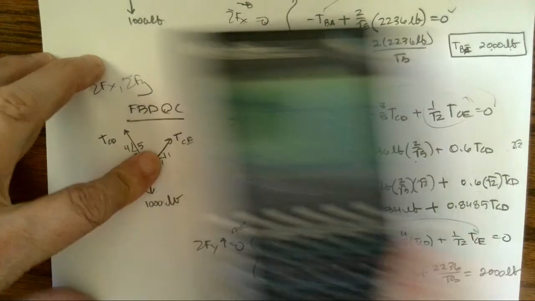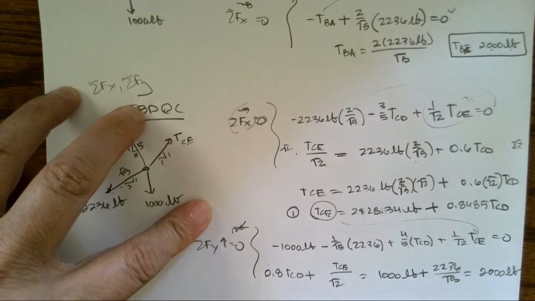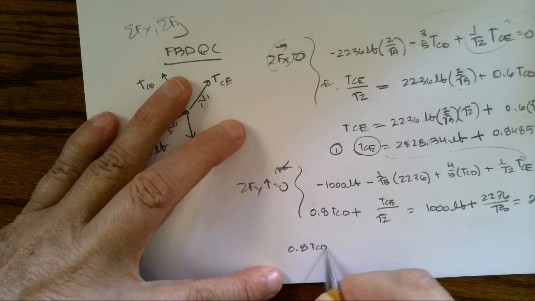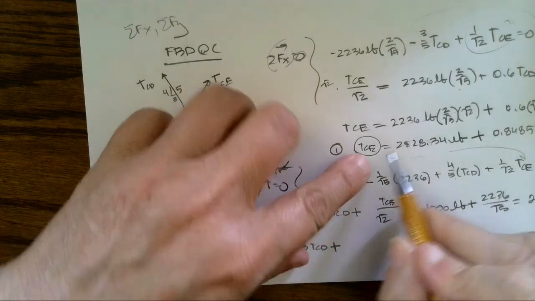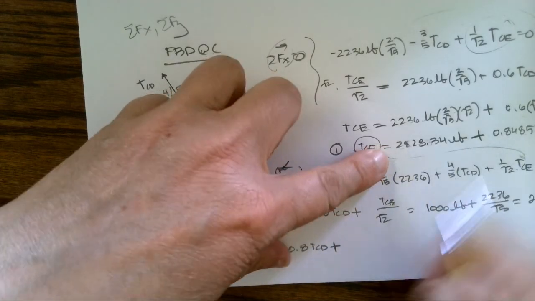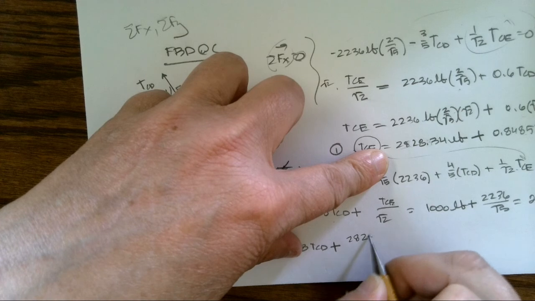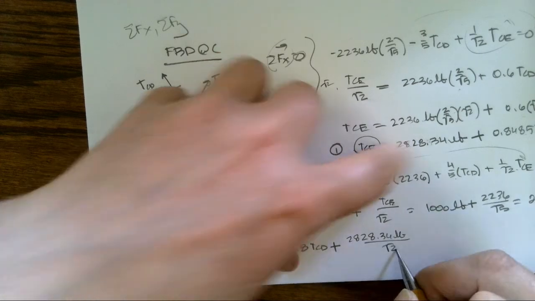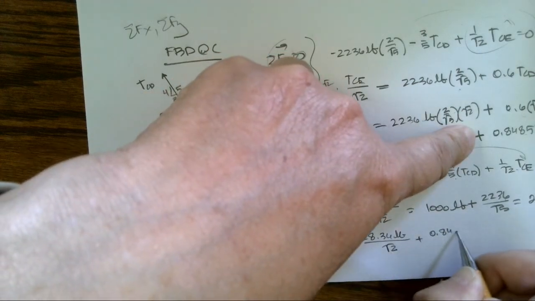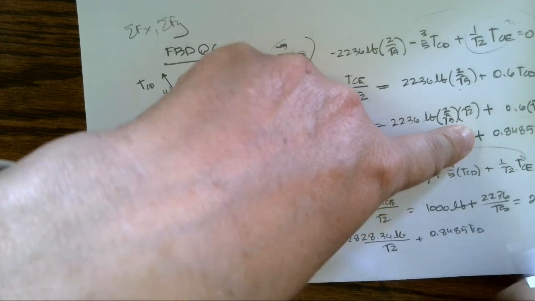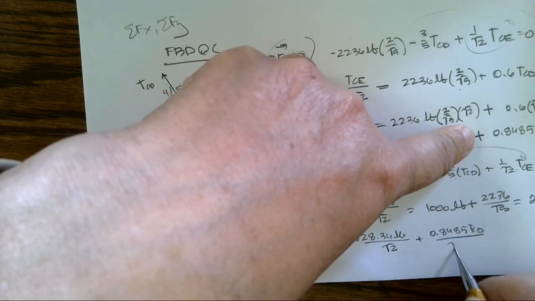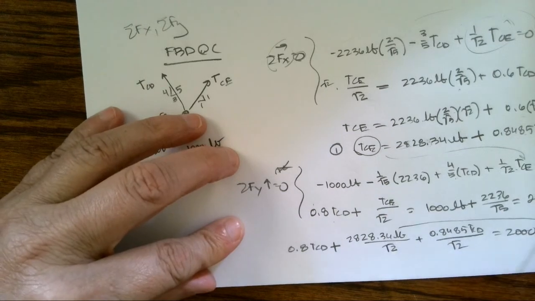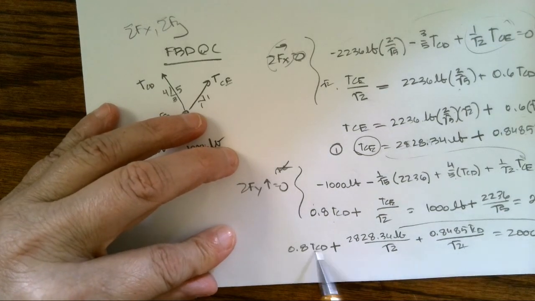Note, I'm trying to keep up with my units. Okay, so now we can go here: 0.8 TCD plus, to put TCE, fill it in, 28.34 pounds divided by root 2 plus 0.8485 TCD divided by root 2 equals 2,000. So I'm going to take this over here, and then combine these two like terms.